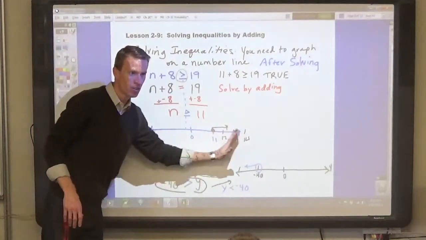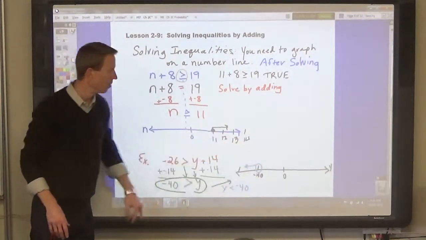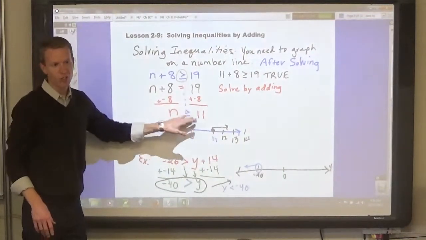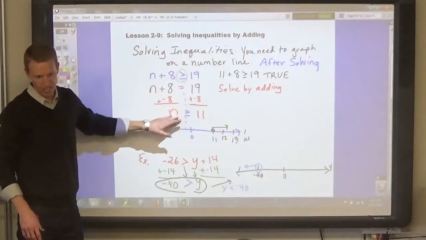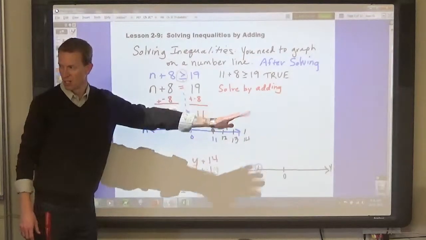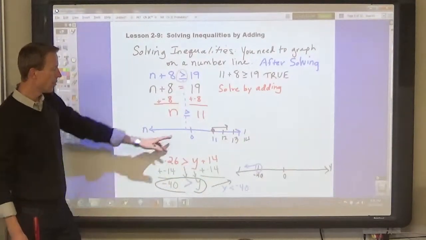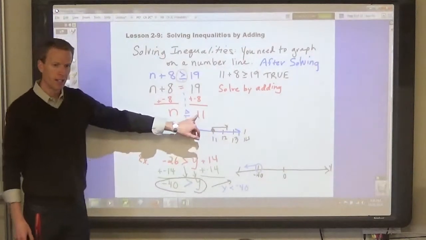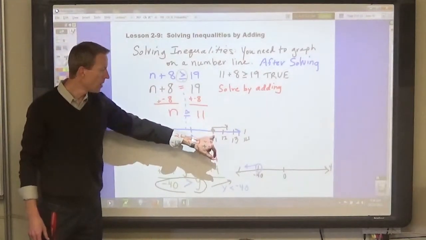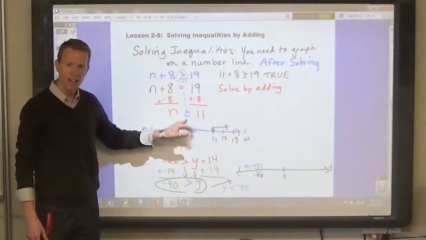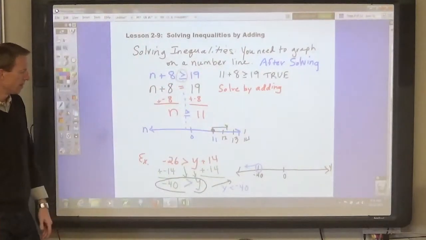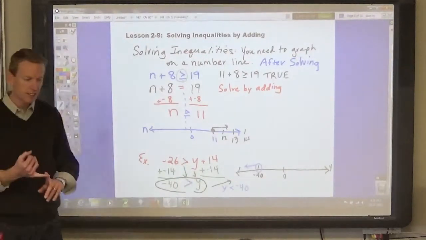And any number to the right of 11 is also true, because 12 is greater than or equal to 11, 13 is greater than or equal to 11, 14, and all the numbers to the right of 11. Okay? So we have to graph it with a solid dot, mark 11, n is greater than, so we shade to the right. Okay? So again, the process is the same.